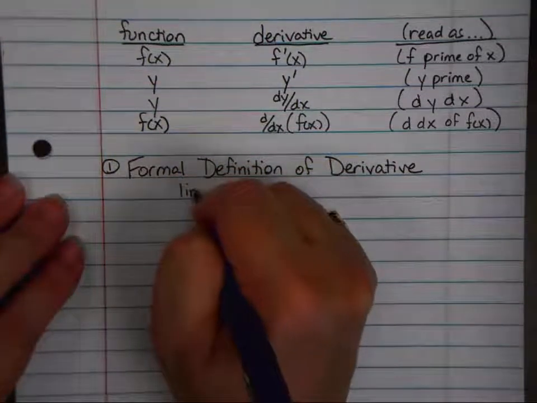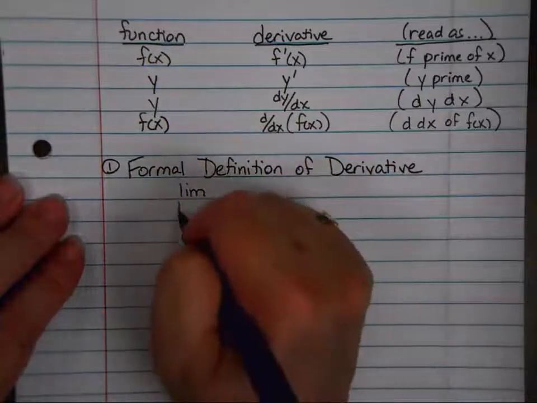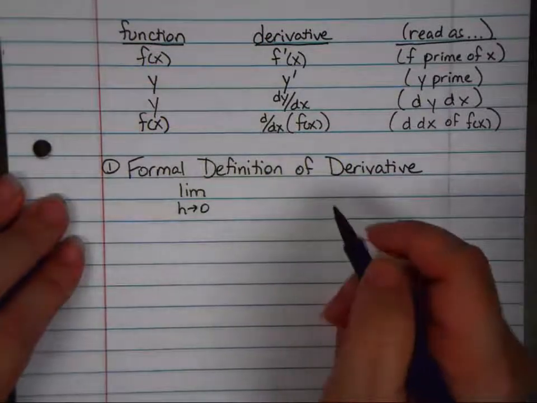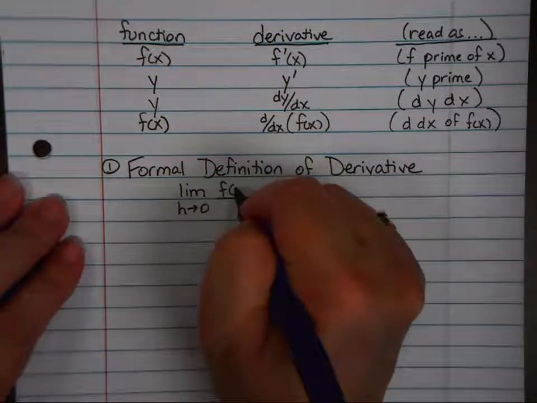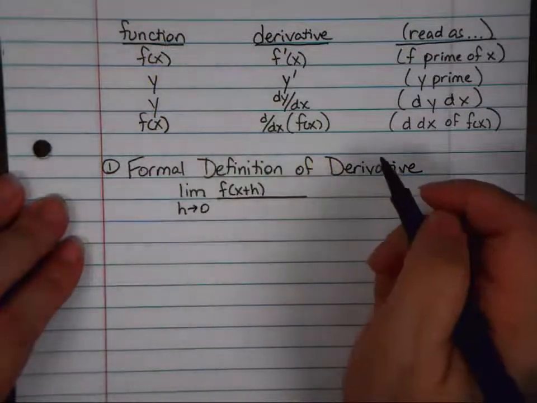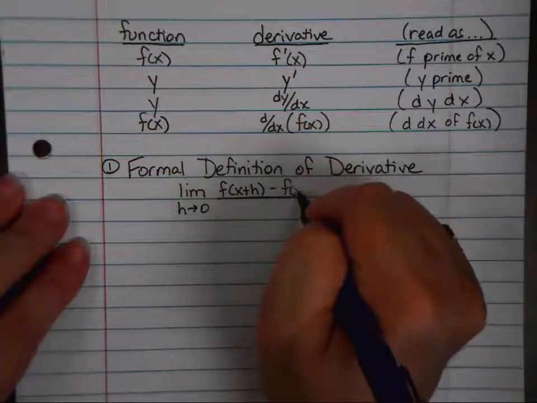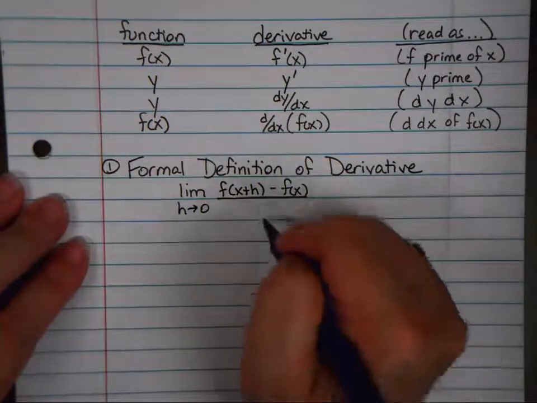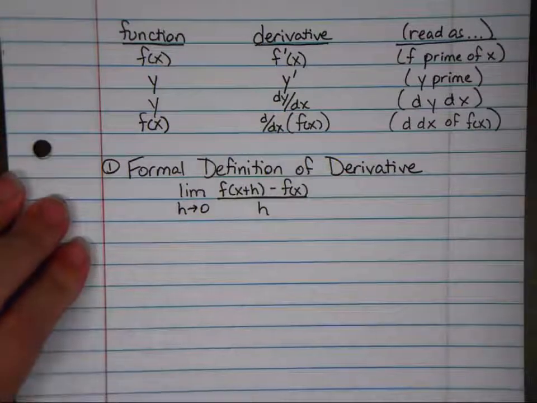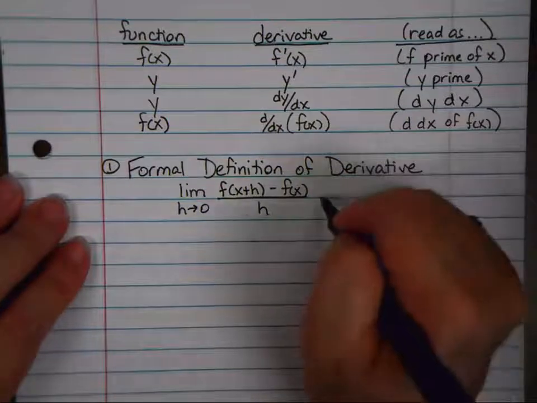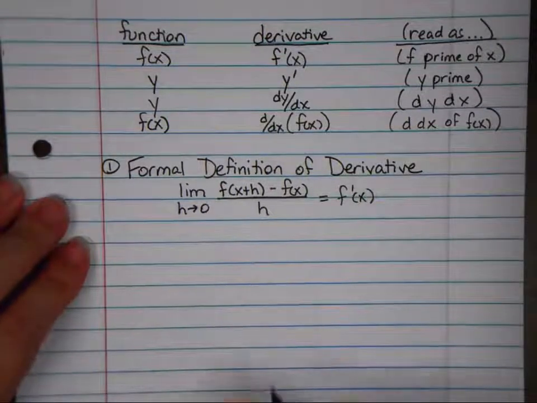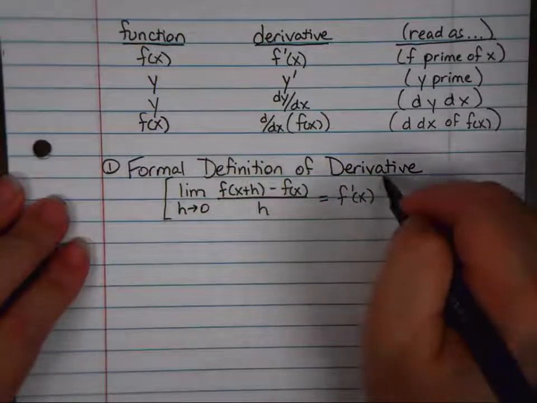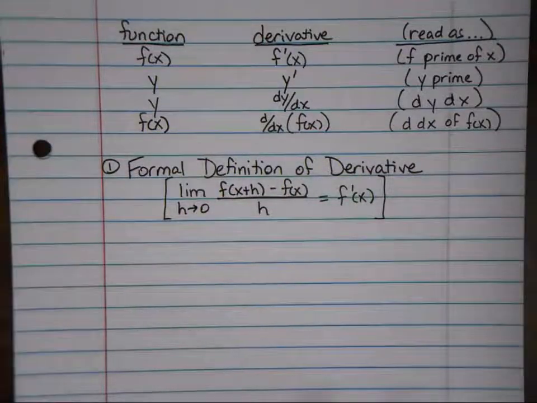So the formula is the limit as h approaches 0 of the following fraction: f of x plus h minus f of x all over h. F of x plus h minus f of x over h, and this equals f prime of x. So I'm going to kind of box that in. That's formal definition number 1.